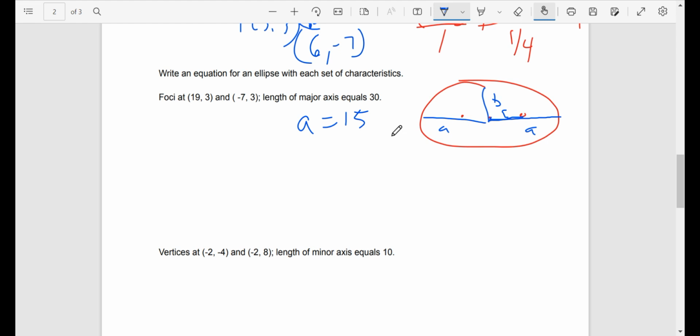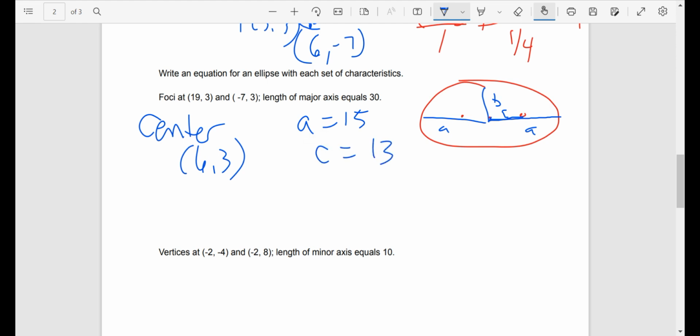Well, C, if I'm giving you the two foci, the halfway point's my center. Okay? Halfway between 19 and negative 7 is going to get me 6. So center at 6, 3. Distance from the center to one of the foci is 13. So your C value is 13.